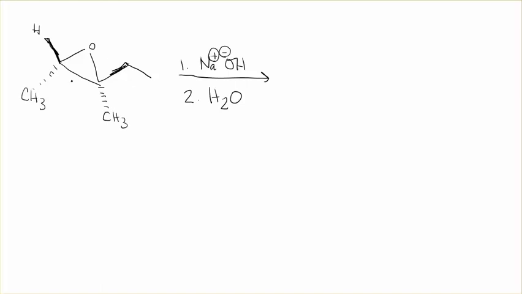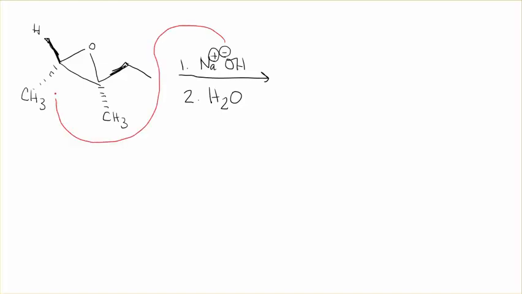Okay. So, strong nucleophilic conditions, SN2. We're not protonating this, so we don't have to worry about any carbocations or positive charges. This is straight SN2. This side of the epoxide is tertiary. This side of the epoxide is secondary.